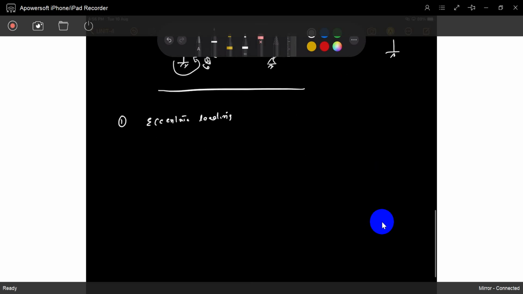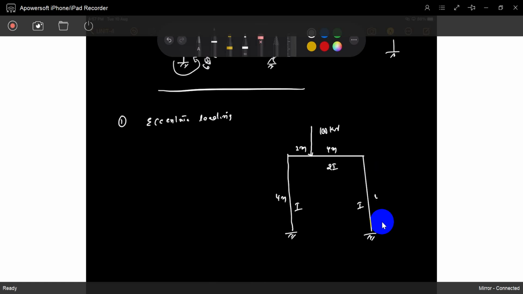One problem: both have fixed supports, with EI and 2EI. The columns have the same flexural rigidity, so there is no chance of sway. But he gave a load of 100 kilonewtons, which is the eccentric load. It's 2 meters, and 4 meters of height. That's the picture.